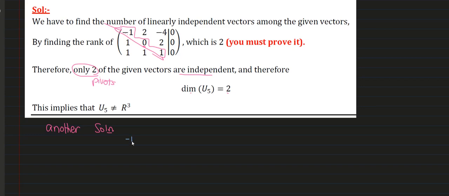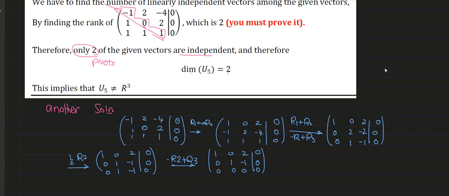So I might reduce this system to get its form, and its rank will be equal to the dimension. So after reducing this system, this is of course the echelon form.